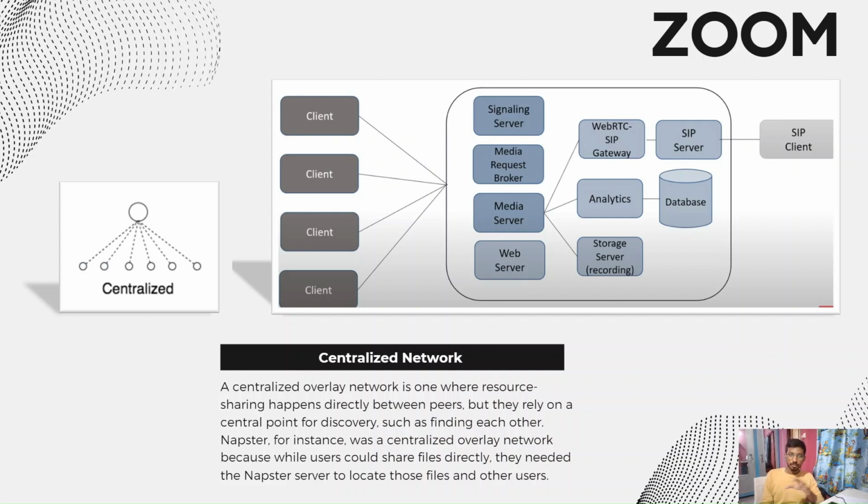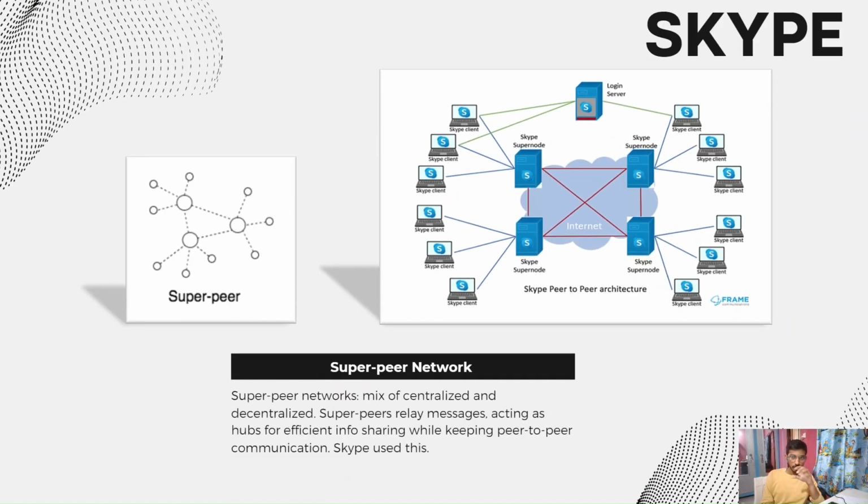The architecture that you see right now is for Zoom. The other architecture that we normally see is a super peer network. In this, rather than having just a single centralized unit, the organization has multiple units that belong to the organization itself.